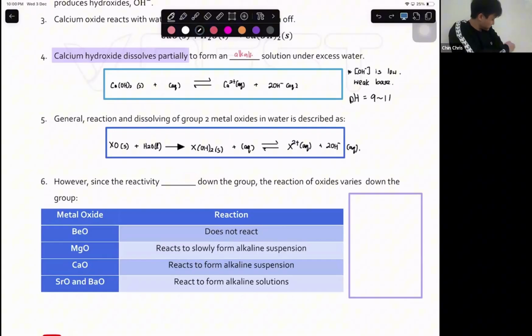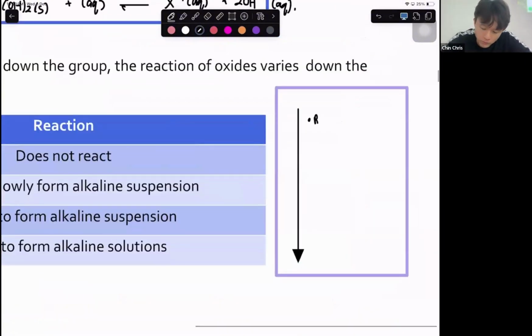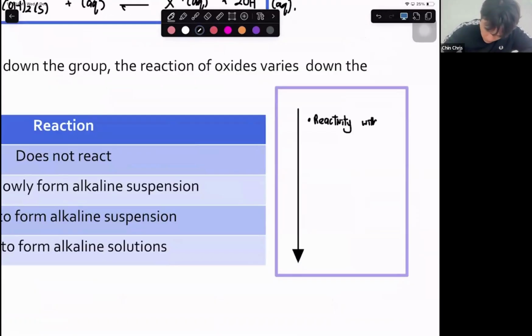Yes, BaO. So guys, the answer is BaO. What's the reason? Alright guys, this is the strongest base. Please tell me, as it goes down, what happens to the reactivity with H2O? Increases, right?